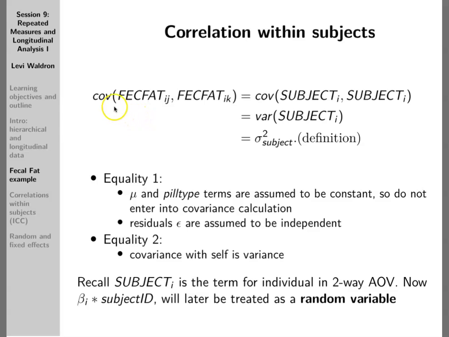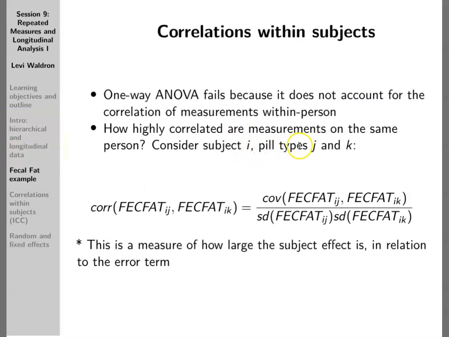We're going to go through a rare derivation in this class and just go ahead and calculate that correlation that I showed on the last page. Starting with the covariance term, remember I was the subject, J and K are both pill types.